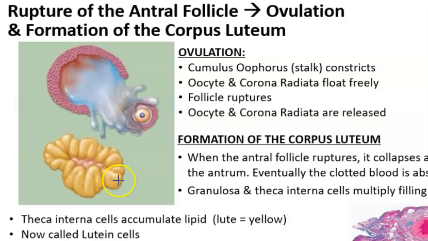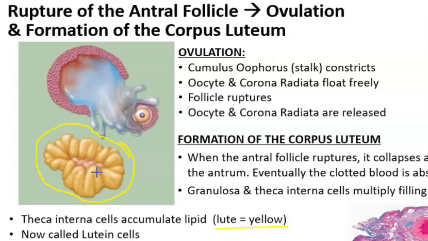And so what you get is this thick structure called a corpus luteum. Now lute means yellow, and the yellow color, which you can actually see in an ovary, is due to the accumulation of lipid in theca interna cells.